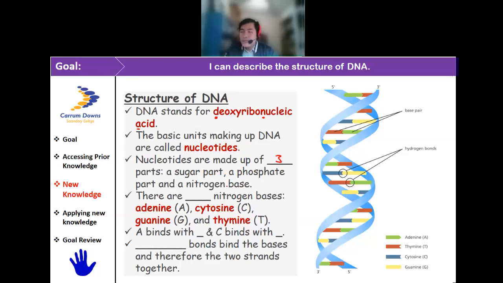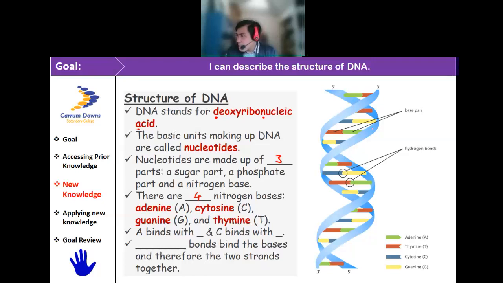And there are a certain number of nitrogen bases: adenine, cytosine, guanine, and thymine. So that's 4 nitrogen bases. Adenine, we have a shorthand for it, it's just A. Cytosine is C. Guanine is G. And thymine is T.